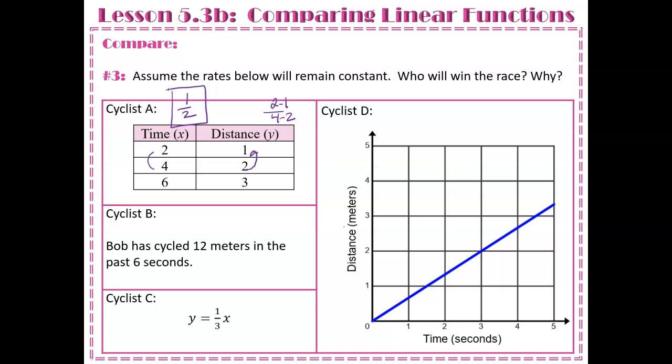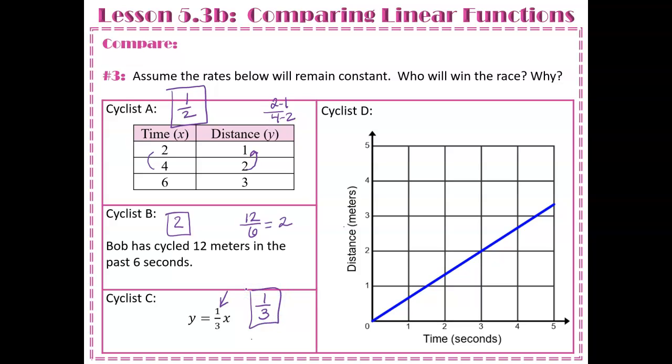Bobby, here's cyclist B. Bobby has cycled 12 meters in the past 6 seconds. So it is meters per second, or Y over X. The distance is Y. So Bobby's rate is 2. If we look at cyclist C, we know the M is the rate, so we have 1/3.